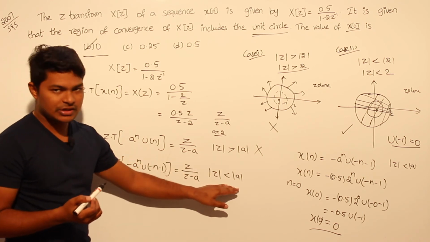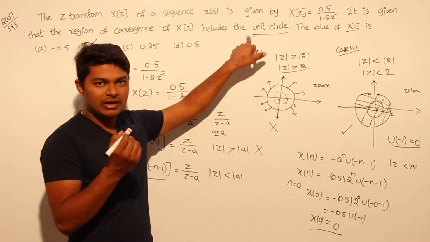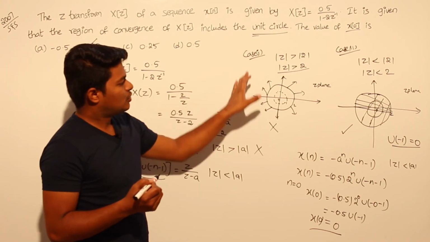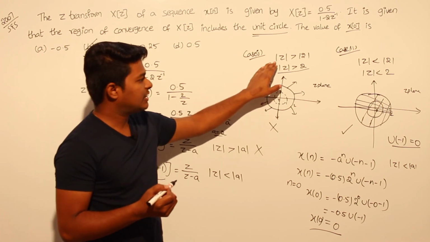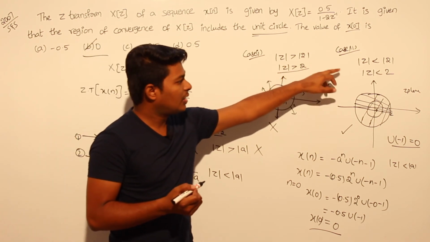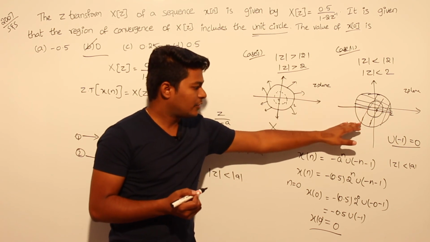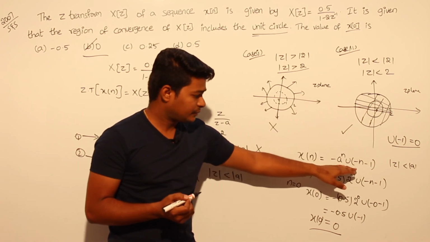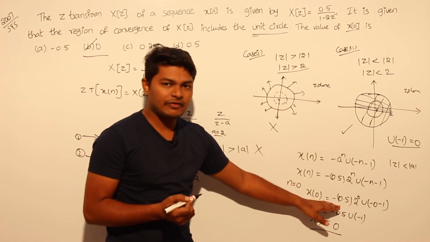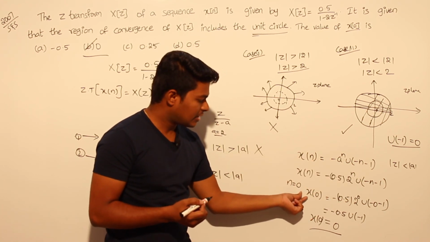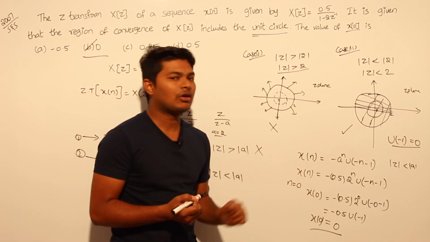Depending on the ROC, the one covering the unit circle will be the required x(n). In both cases, the first one goes wrong: |z| > 2 goes wrong, and |z| < 2 is covering the unit circle. So we took -a^n u(-n-1) and did some simplification. Finally we substituted n = 0, which is the required thing, and x(0) = 0. Finally we have got the answer.